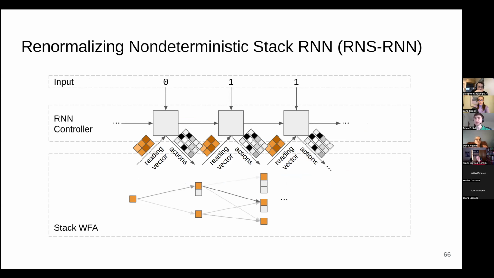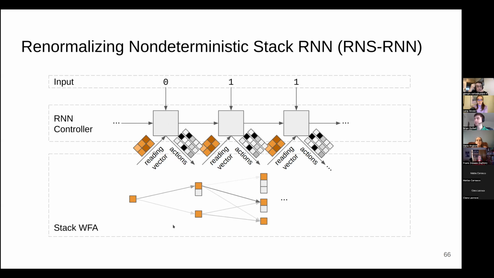All right, we're getting to the end of how our model works. To recap, this is what our overall non-deterministic stack RNN architecture looks like. Again, the controller outputs these PDA transition weights at each time step, and these can depend on the current input symbol or anything else in the hidden state, such as previous inputs or stack readings.